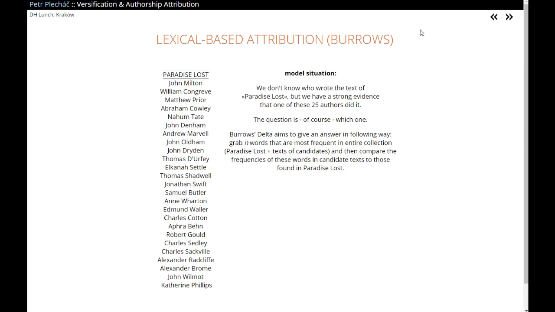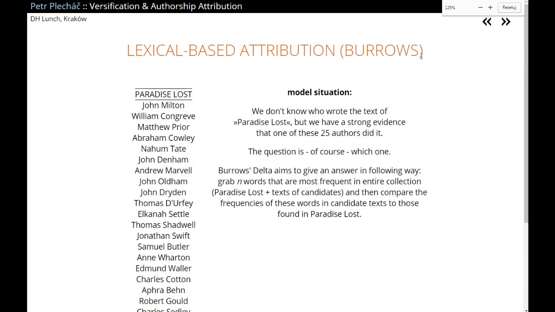So this is a Burrows article from 2002 or 3, I believe. And we have there a model situation. We don't know who wrote the text called Paradise Lost, but we have strong evidence that one of these 25 authors did it.